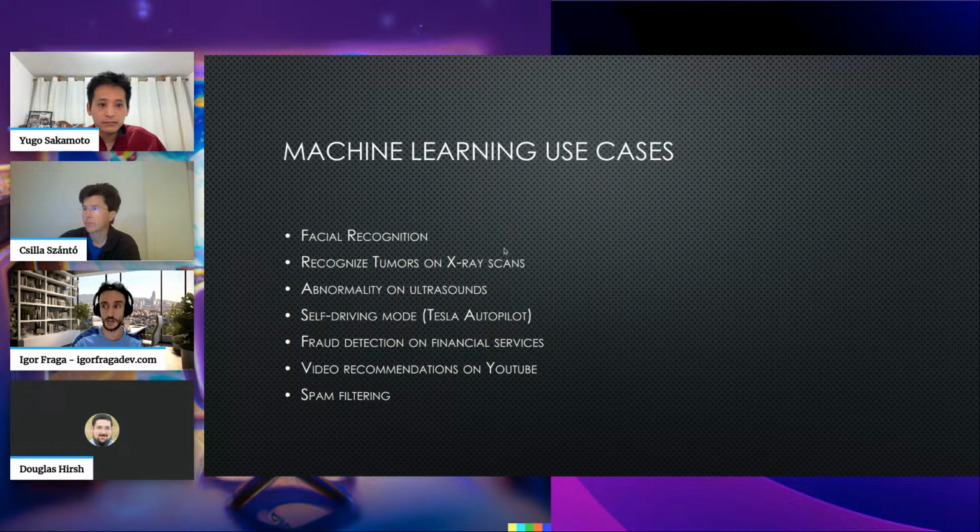It can be used a lot, especially in healthcare, to help in diagnosis by recognizing tumors on X-ray scans and abnormalities on ultrasounds. This is really interesting. You can see how many lives can be saved by applying machine learning, just by recognizing symptoms of illness earlier and treating them at an earlier stage.